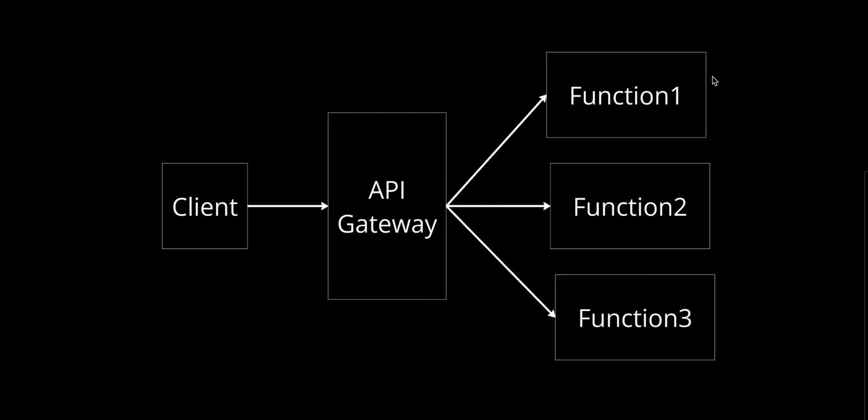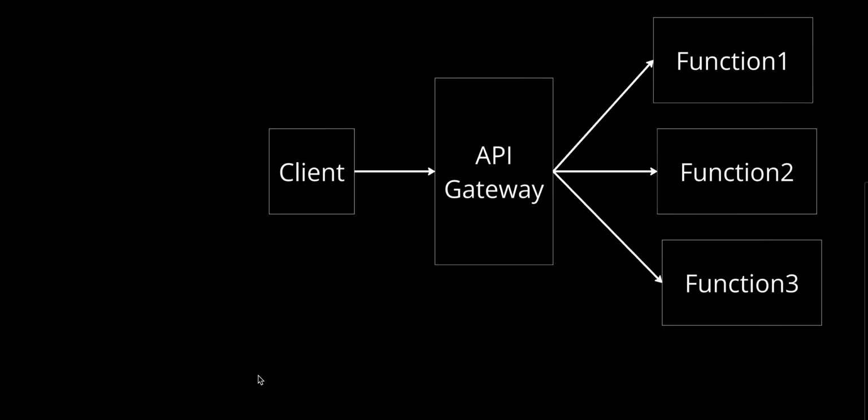The second thing, there is pay as you go. With serverless, you are billed only for the compute time consumed. This means you pay only when your code is running, which can lead to significant cost savings for applications with variable workloads. And number three, we have no server management. Developers don't need to manage or provision servers. The cloud provider takes care of all infrastructure management, which allows teams to focus entirely on building features.